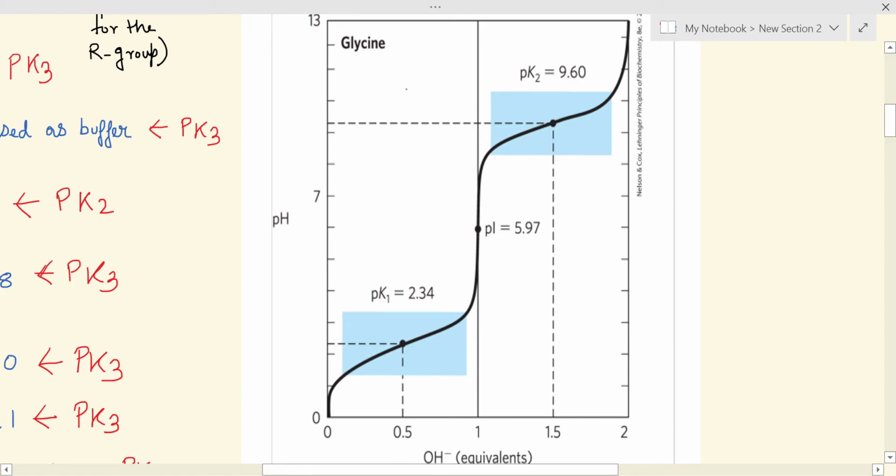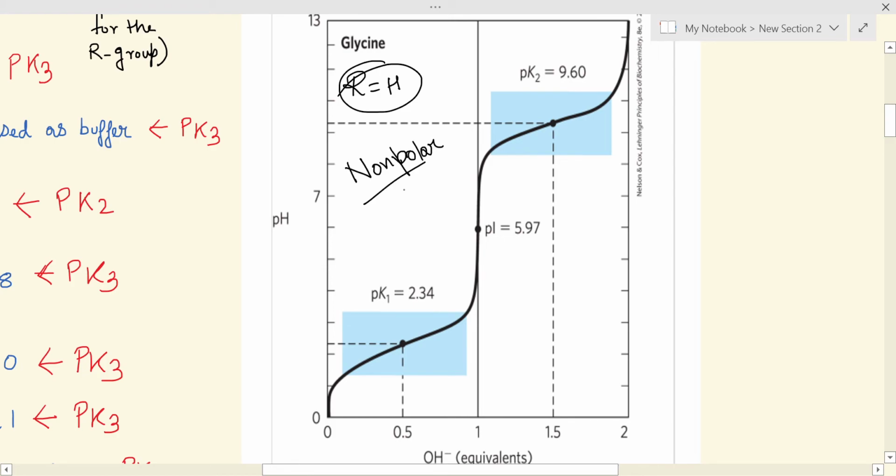As you know, glycine is non-polar and its R group is hydrogen, a normal hydrogen atom, so it will not have a third pKa value. It is a diprotic amino acid. I will be defining diprotic and triprotic amino acids. Glycine is non-polar because its R group is a hydrogen atom.